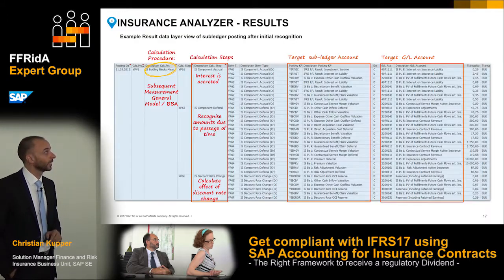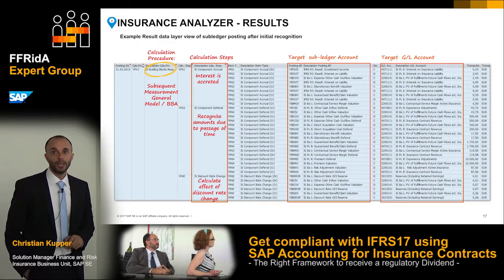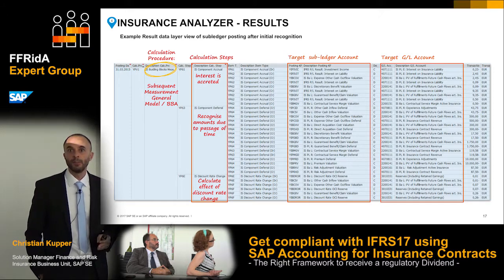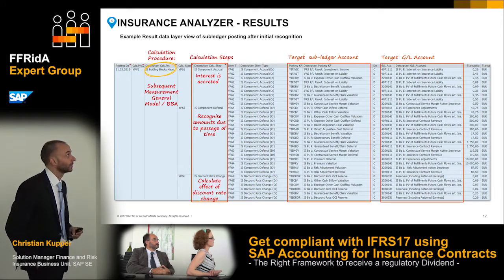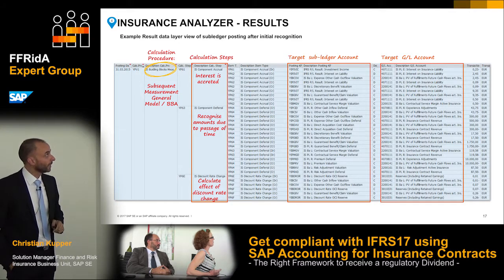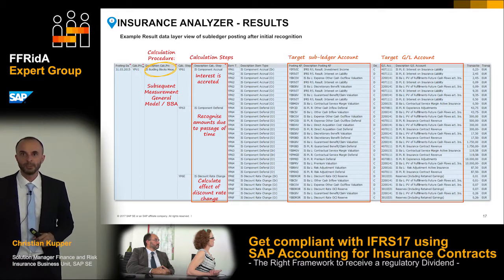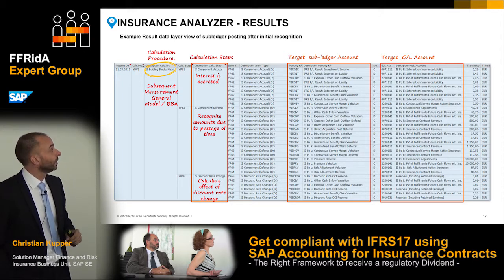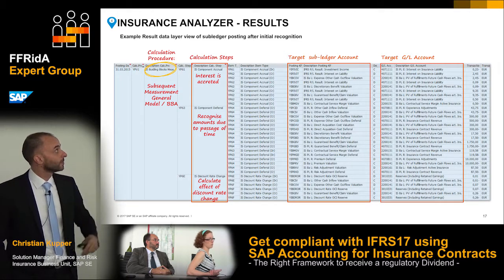And if you look at the posting journal again, you see a lot more postings and a lot more calculation procedures in here. But this calculation procedure now here was performed for subsequent measurement. And you see it has all these calculation steps inside.